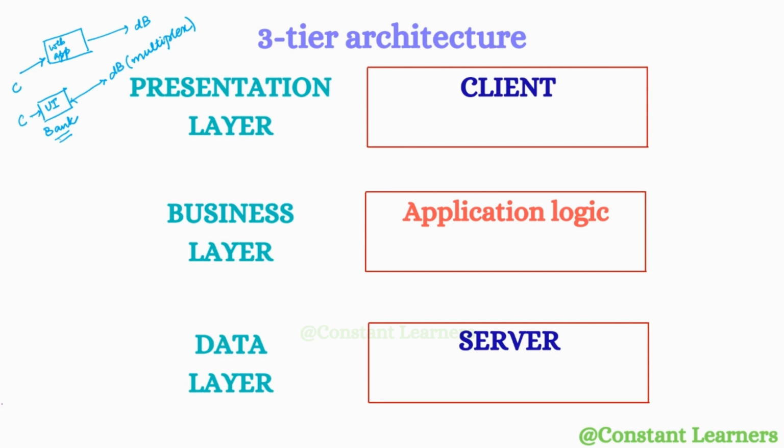That's not possible, right? So in this case, the client will only have a user interface in the form of that app. That app will then communicate with a mediator, and that mediator will then communicate with the database. I am requesting particular information from the multiplex's database. I need certain details about the shows and the seats that are available.